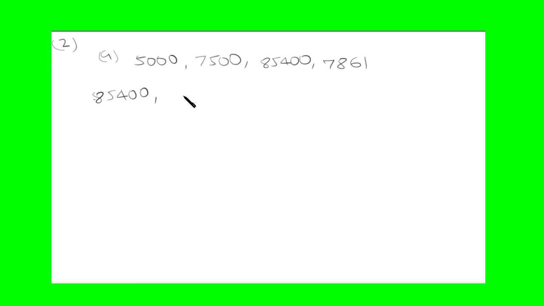So 7,861 will be our next number. Then 7,500. Then the next number will be 5,000.